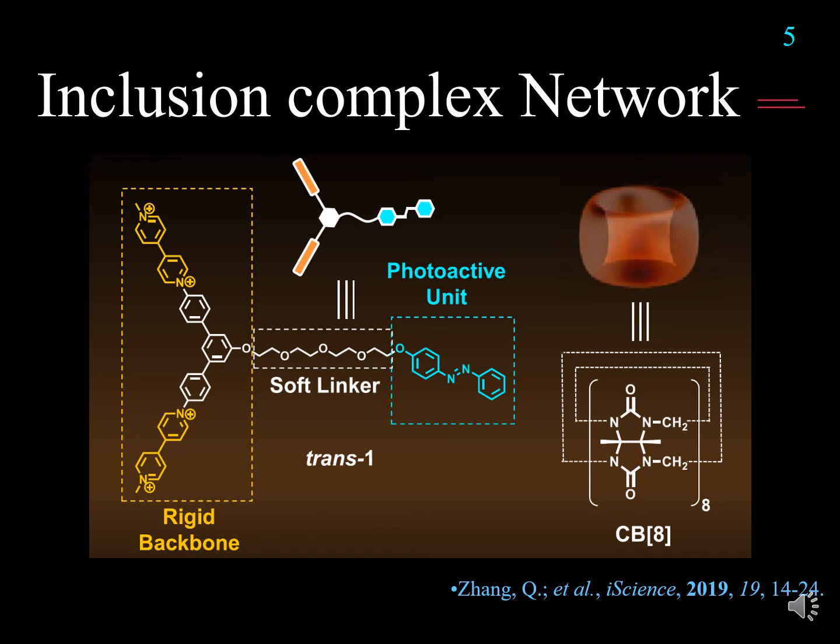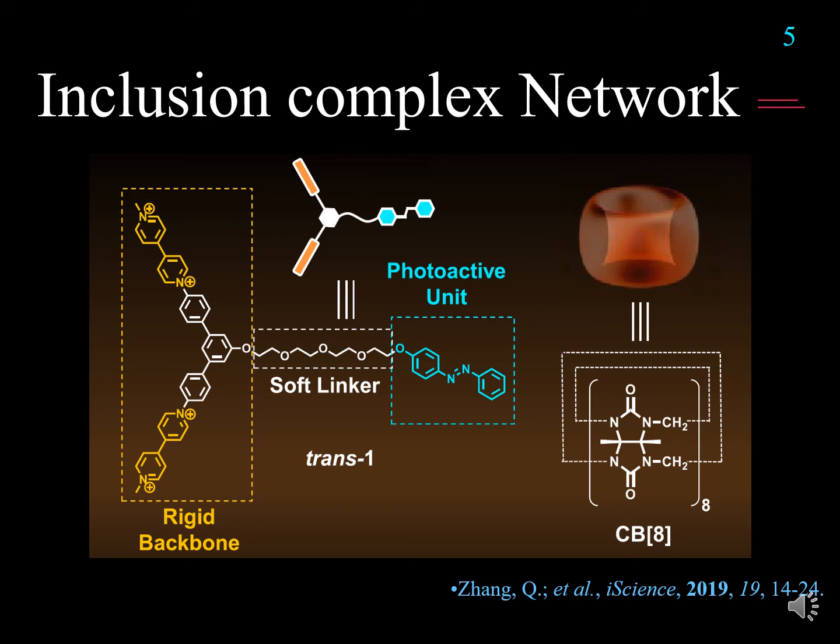So they can link the cucurbituril complex with two molecules of trans 1. Trans 1 is the name of this compound. Part of the molecules get into the hole of the donut, from two molecules.